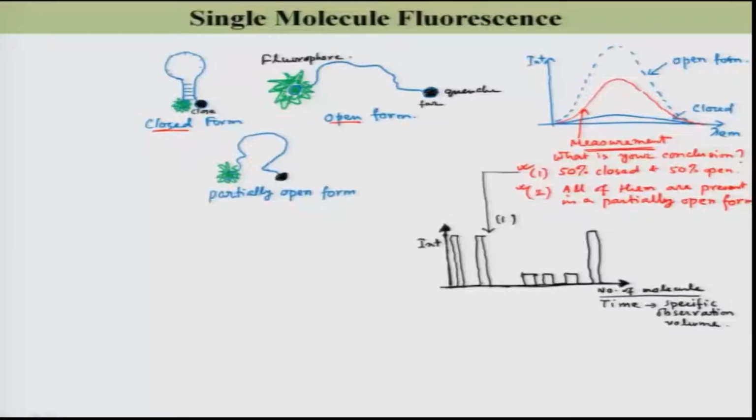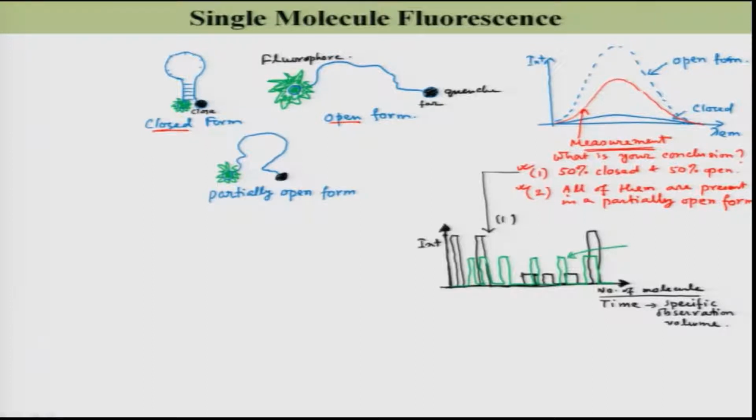It is not necessary that we see the bursts at the same times, but whenever you see one, it will be of moderate intensity like this. Clear? So you see the basic difference.